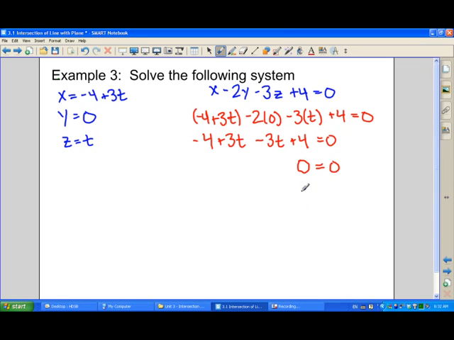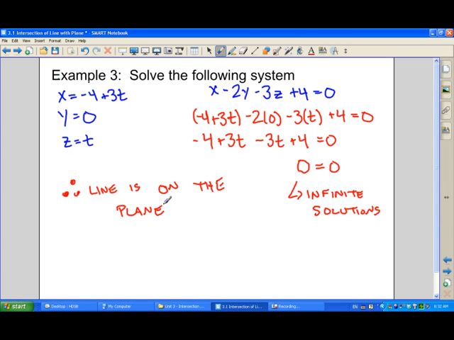And I get 0 equals 0. This is one of those special cases where math is telling us that there are an infinite number of solutions. And there's only one way this can happen. This is always true, and that means the line is on the plane.